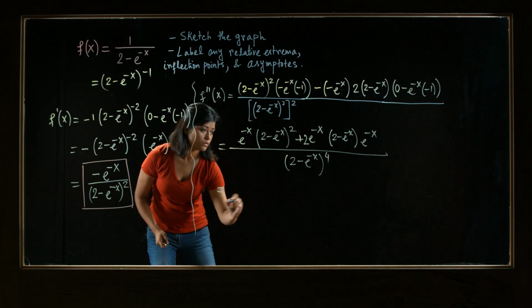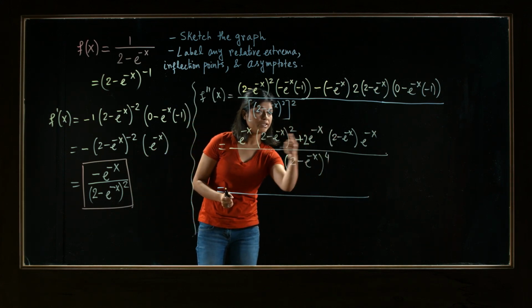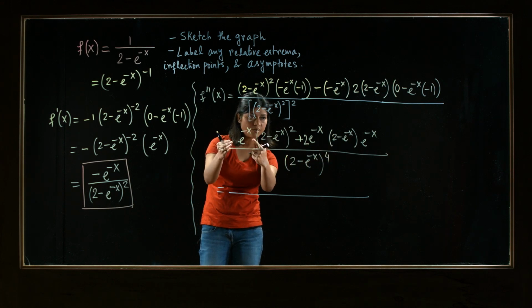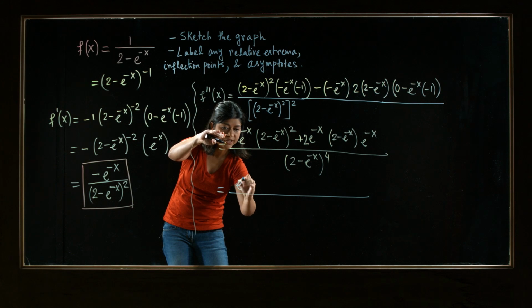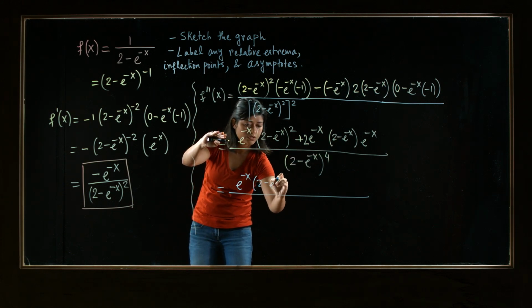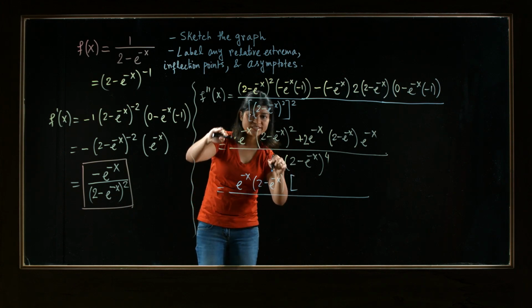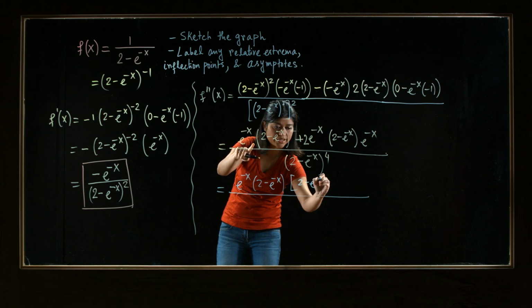One more step, let's see if we can simplify this further. In the numerator, let's find the common factors from these two terms. So the common factor is e to the negative x and 2 minus e to the negative x. So what is left from the first term? We have another 2 minus e to the negative x.